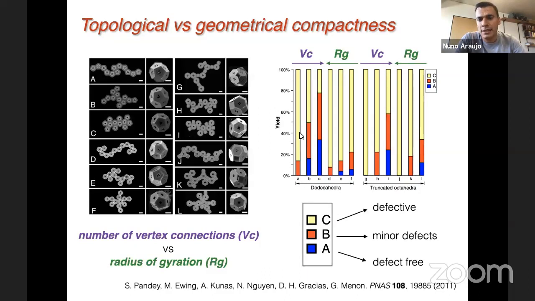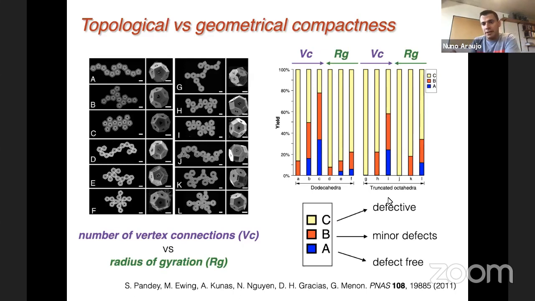And you clearly see that the number of vertex connections, the topological compactness, is a much better argument and a much better criterion to choose optimal nets rather than looking at the radius of gyration. And they did it for different structures. You can see it here for the truncated octahedron, and you see precisely the same.